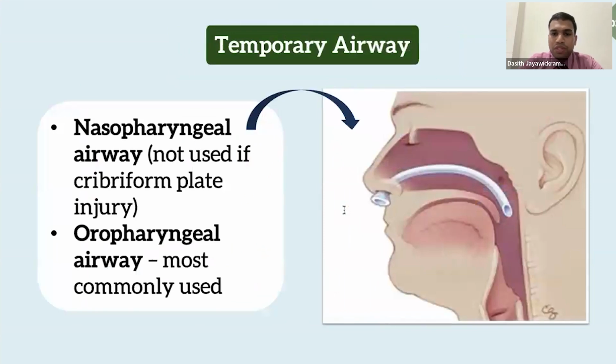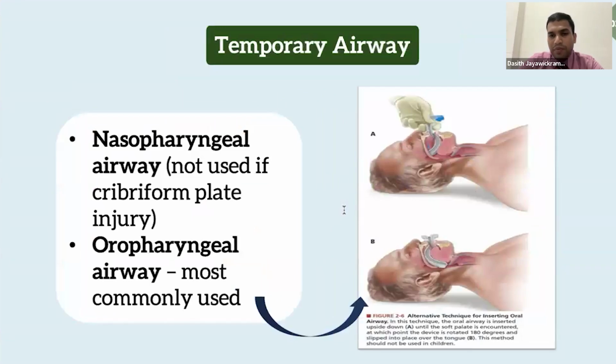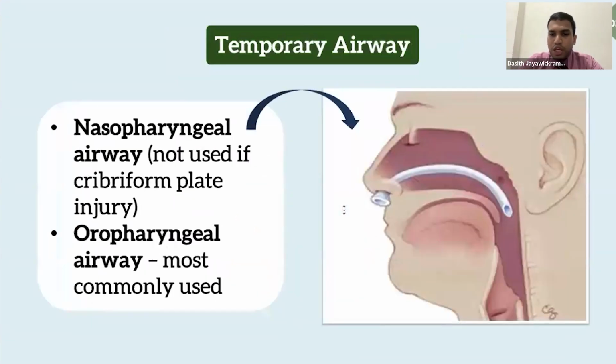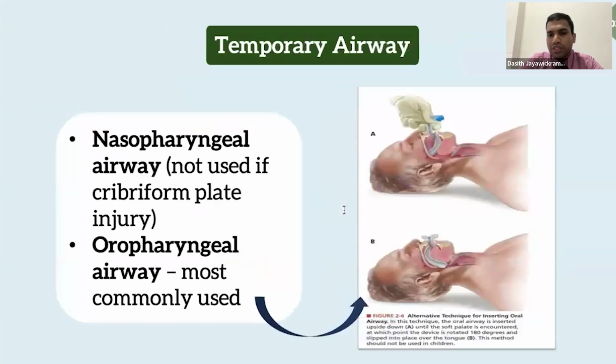So these are temporary airways. This is a nasopharyngeal airway, and this is an oropharyngeal airway. As you can see, nasopharyngeal is the airway from the nostrils to the pharynx, and the oropharyngeal is through the mouth.